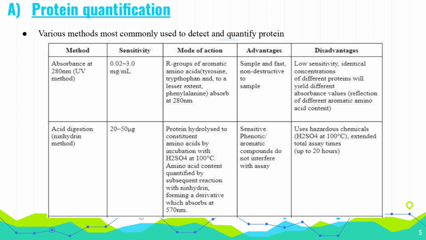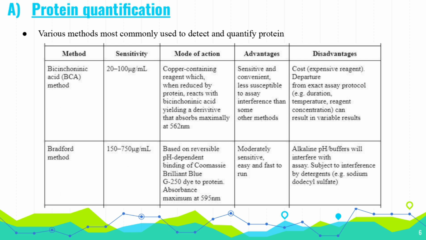Then another method, the BCA method. Basically a copper containing reagent, the BCA reagent, is there, which is reduced by the protein.